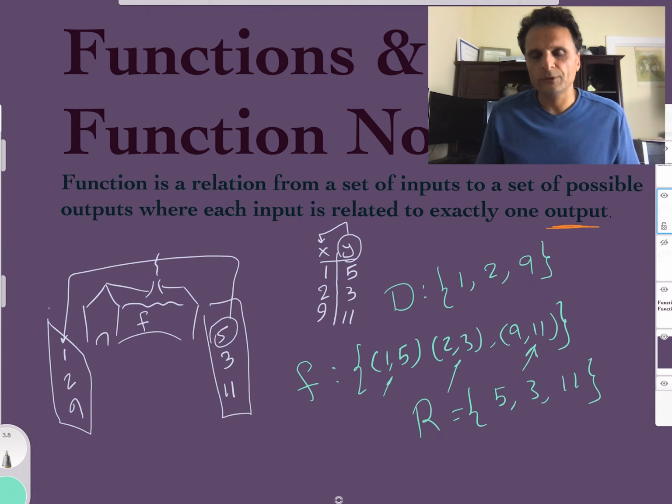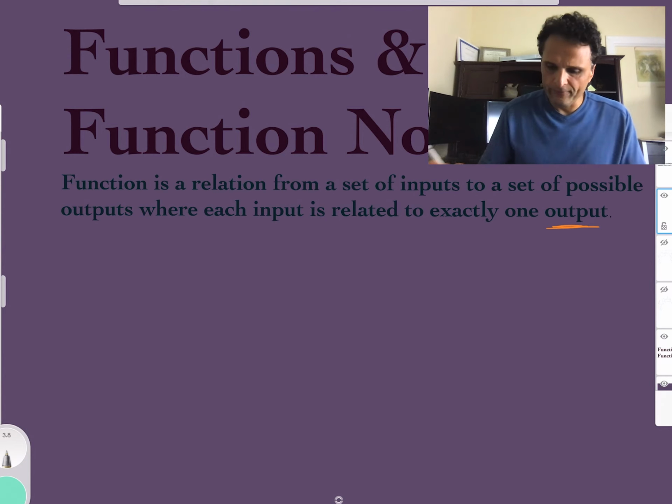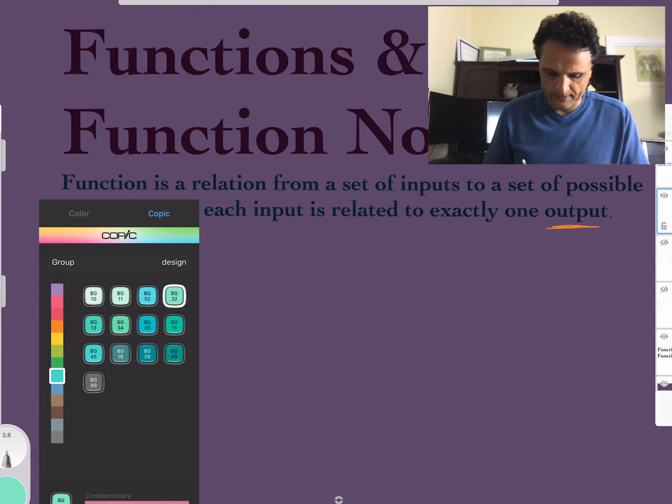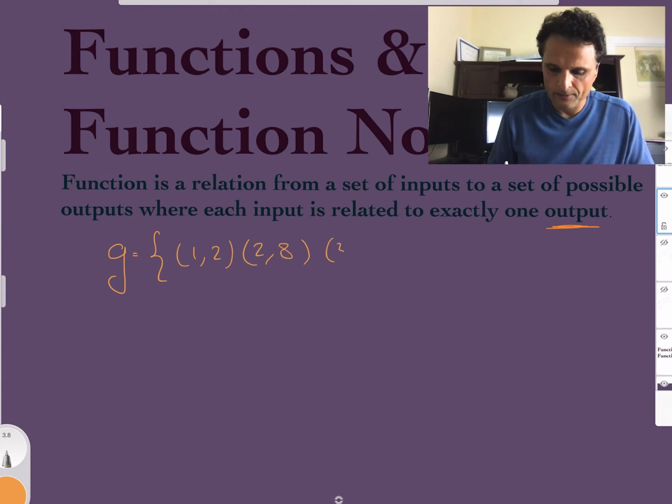Another way to show a function, I might give you guys a graph. So let's have another example. A graph. So before we go to graph, let me make another set of points, like function g gets 1, 2, 2, 8, 3, 5, and 4, 2.